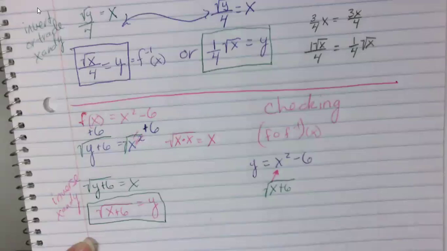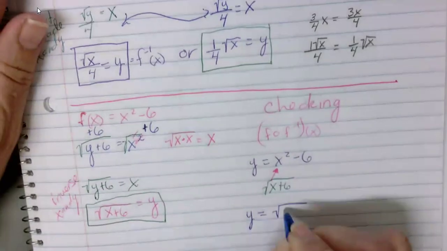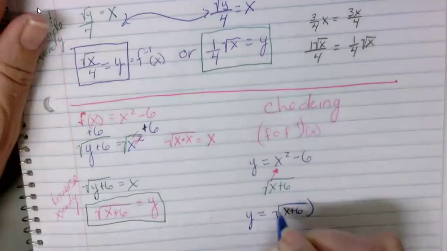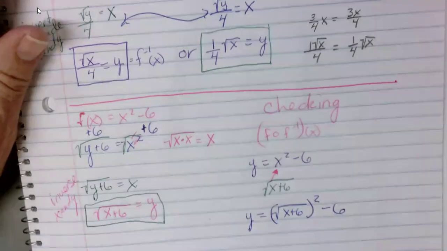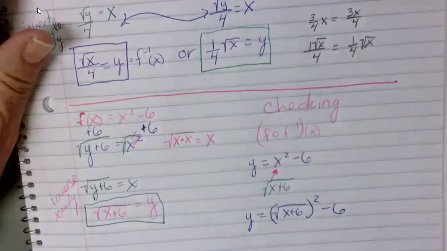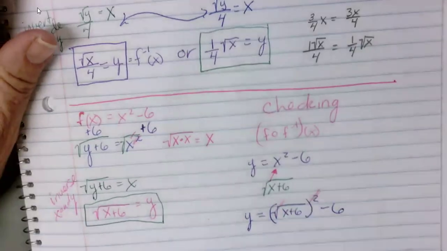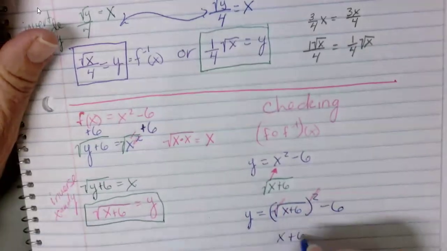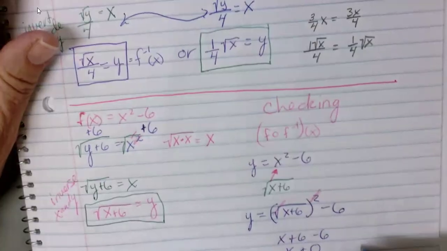So then when I write that out, I get y equals square root of x plus 6, all of that squared minus 6. And so again, when you have a squared and you have a square root, they cancel each other out. So we get x plus 6 minus 6, which is x plus 0, which is x.